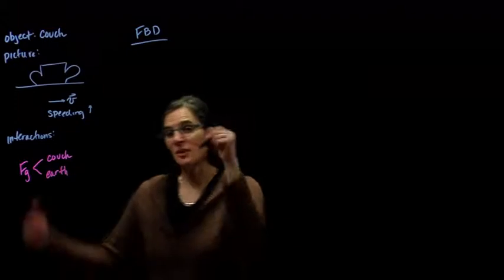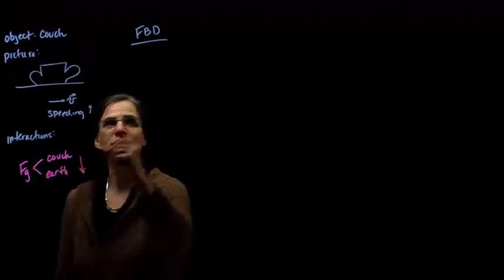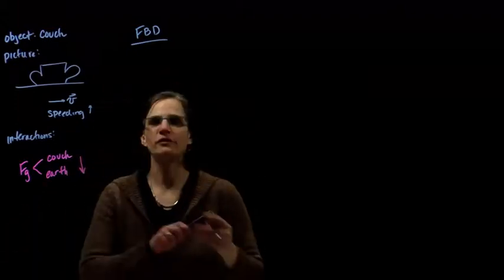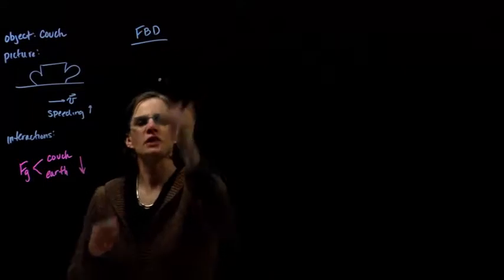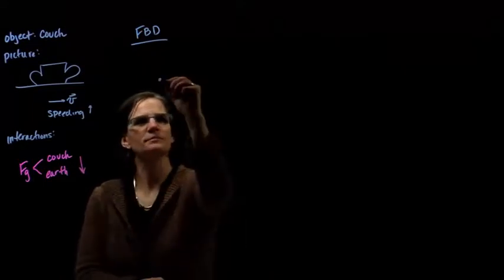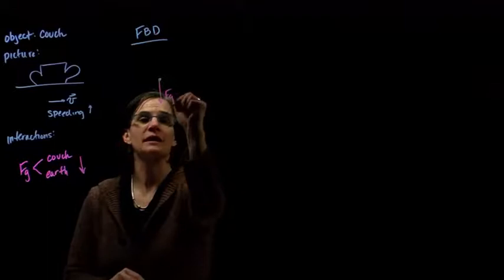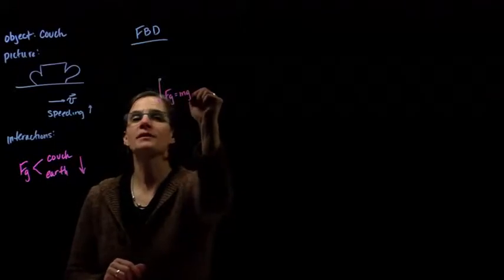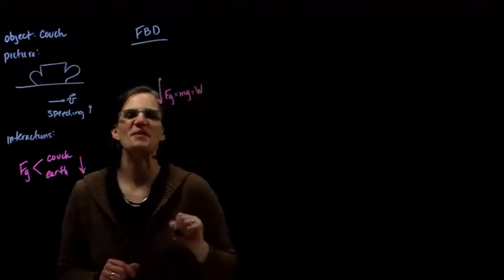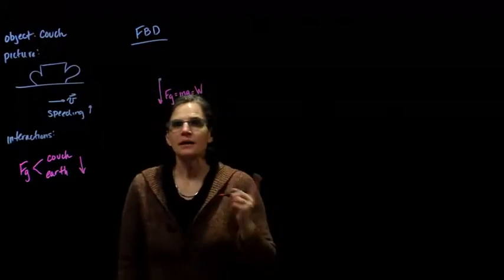So gravity always acts down. So if I bring over my free body diagram, start to put those forces on it, we have the force of gravity, which is a friendly reminder is mass times gravity, and also goes by the weight. Okay, another interaction.